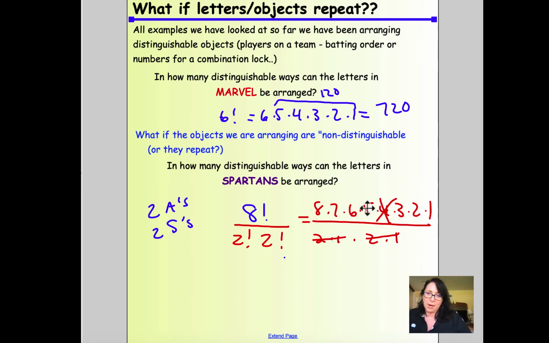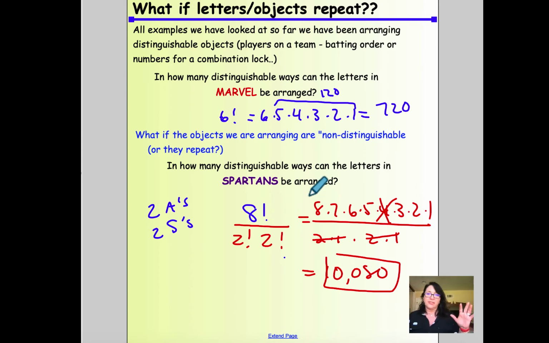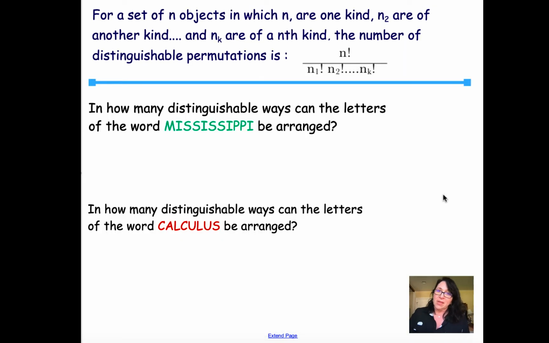What I have now is just 8 times 7 times 6 times 5 times 3 times 2 times 1, which ends up being 10,080. And so that's how many distinguishable arrangements there are of the letters in the word Spartans, if order matters.